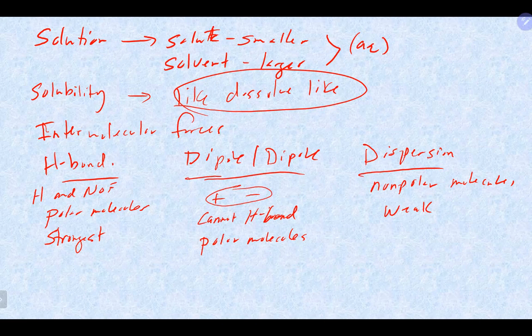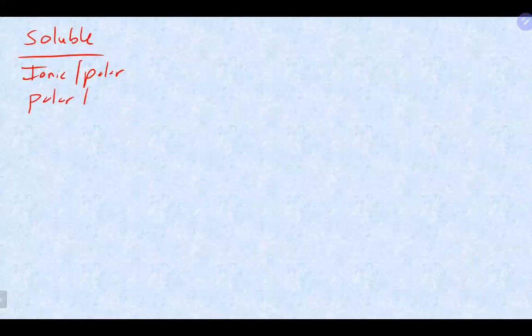So what this means in terms of solubility is that things that are typically soluble are ionic things and polar things, polar and polar. And as we talked about, sometimes overlooked by a lot of people is that nonpolar and nonpolar things will also be soluble in each other.